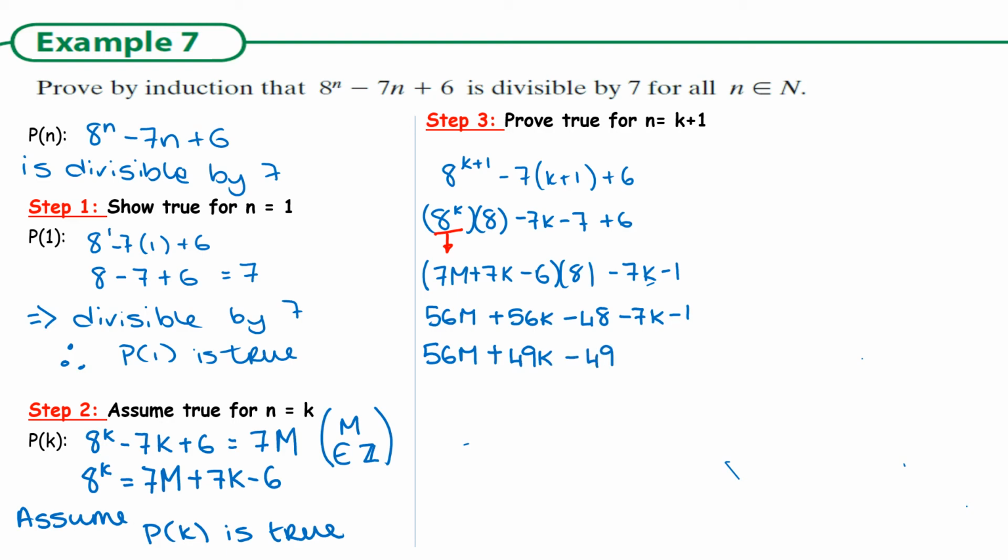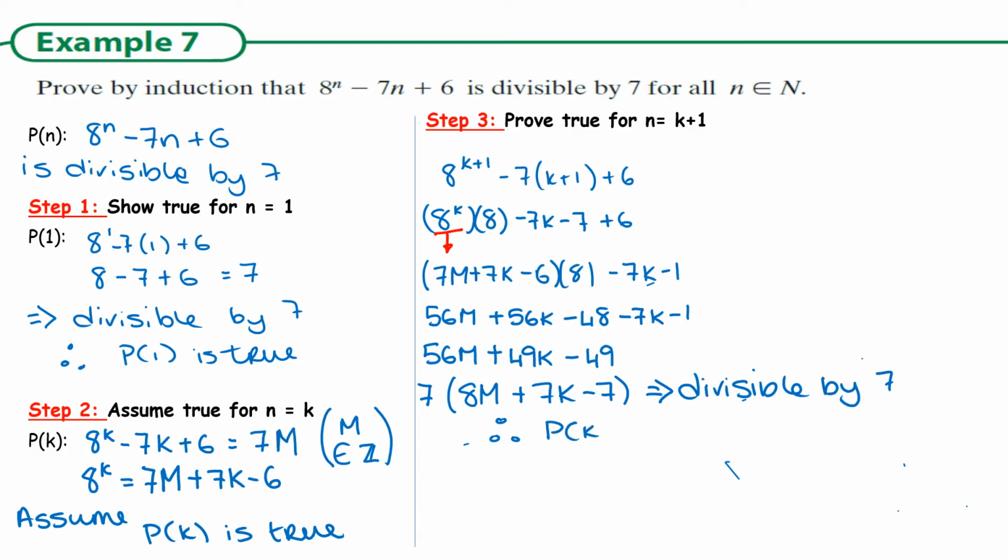And now to prove that it's divisible by 7, we try to factor out a 7, which we can, and we're left with 8m plus 7k minus 7, and that is divisible by 7. Therefore, Pk plus 1 is true.